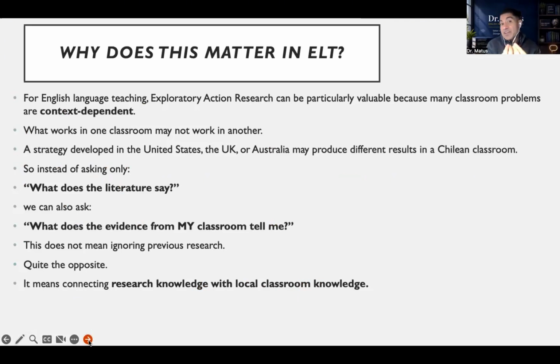A strategy developed, for example, in the USA, the UK or Australia may produce different results in a Chilean classroom. So instead of asking only, what does the literature say, we can also ask, what does the evidence from my classroom tell me? This doesn't mean ignoring previous research. Quite the opposite. It means connecting research knowledge with local classroom knowledge.